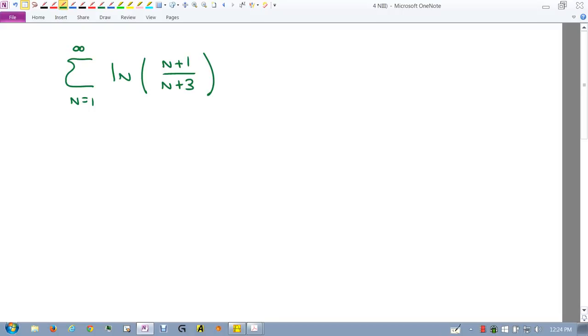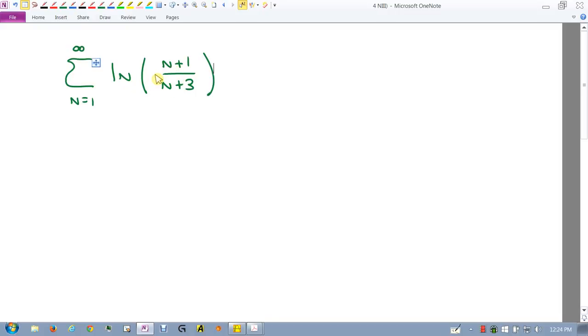Nth term. What's the limit as n goes to infinity of this? Infinity over infinity here, right? Which means you would have to do L'Hopital. What's L'Hopital going to give you if you do that in here? You get 1, aren't you? You're going to get 1.